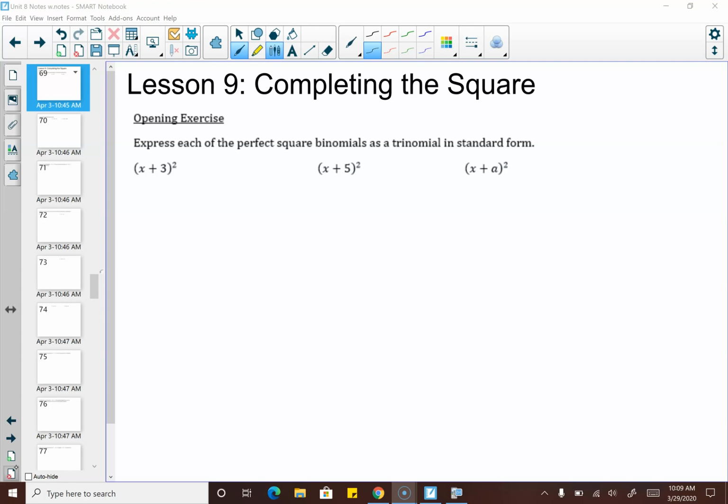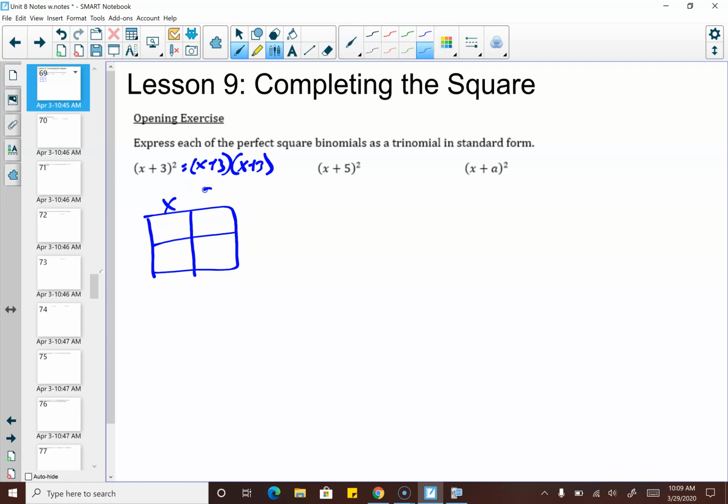So in the opening exercise, express each of the perfect square binomials as a trinomial in standard form. So in other words, we know that (x + 3)² is really (x + 3)(x + 3). So then what we're going to do is multiply out our x + 3. So we have x² + 3x + 3x + 9.